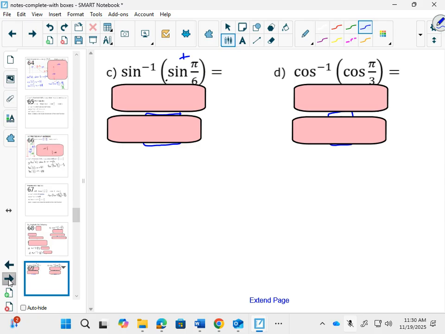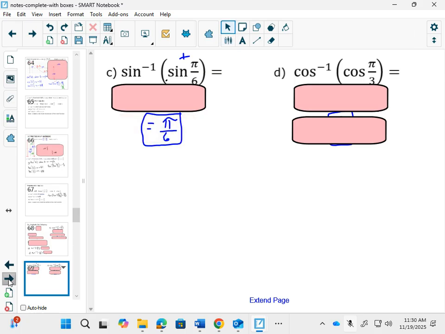But you'd still have a positive value. When you undo it, you're going to get the same family. And if it's positive, it has to be that same family in quadrant 1. It's going to be pi over 6. So using that shortcut, no other work needs to be shown. If you did this, this is fine. But I'm okay if you go right to the answer just knowing that it's positive.